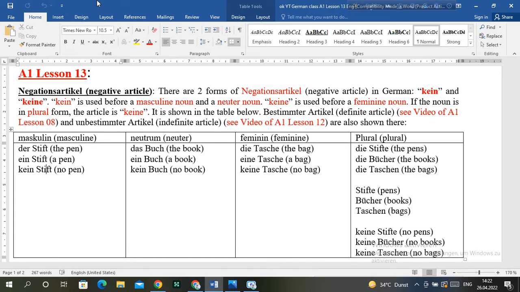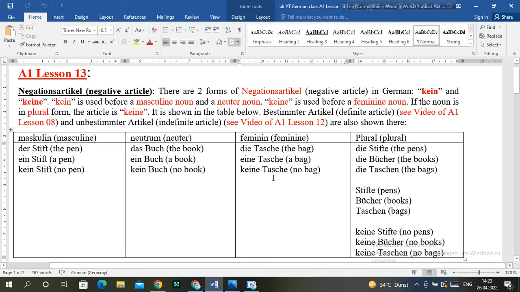And if we want to use a negations article before it, the article is then kein Stift, no pen. Let us take another example. As for example, Buch. The definite article before Buch is das Buch, the book. The indefinite article is ein Buch, a book. And the negations article is kein Buch, no book.